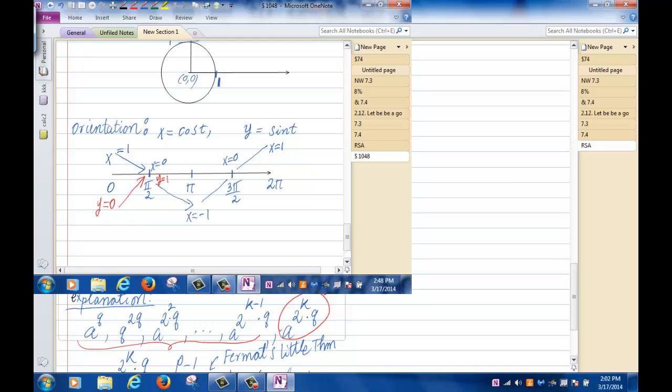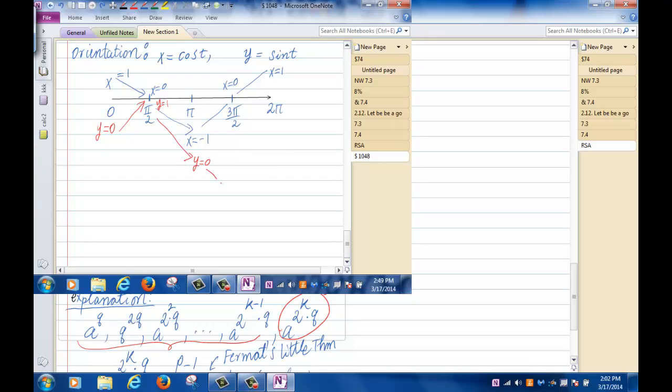And then between pi over 2 and pi, it is decreasing, in fact. So it's decreasing, and so y value here would be 0. And then it is decreasing even more to what? -1. And then it is increasing to 0 again.